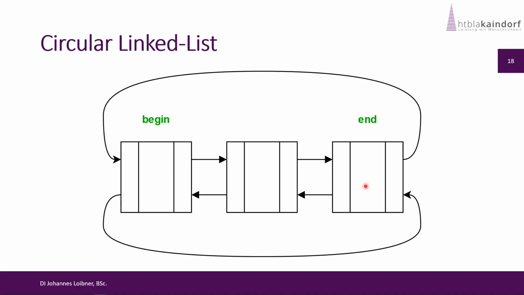So in a circular list you can never go around. This is very tricky when it comes to iterating through a circular list, because you have to find a way of finding out when you reach the end or the beginning again, because otherwise you will end up in a loop that goes on forever, and this is nothing that we want to have.